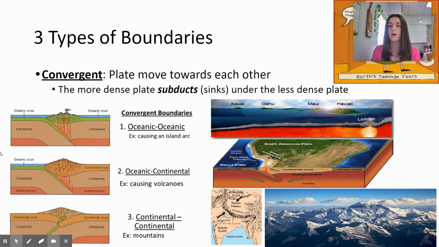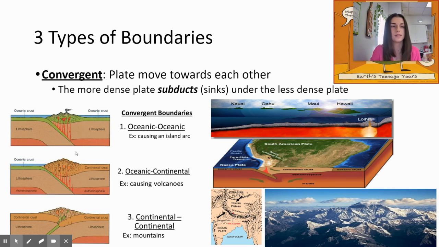They're both oceanic crusts, but usually one is a little bit more dense than the other. And so the one that is more dense, or just the one that gets there first, subducts under the other oceanic crust. It goes under it, subducts.